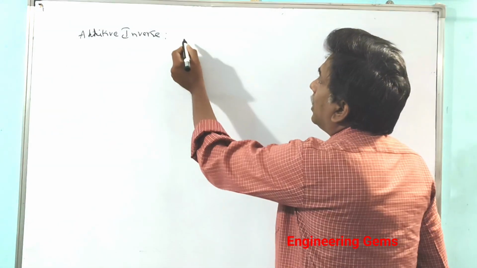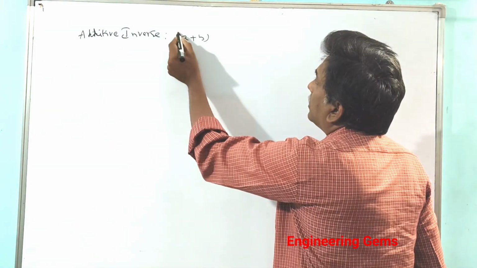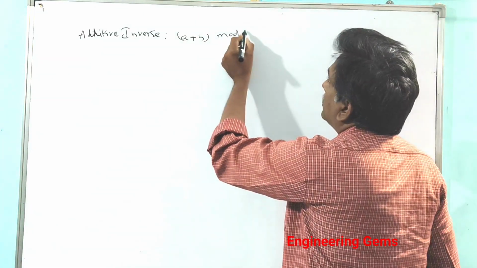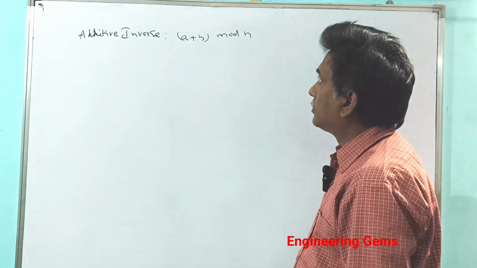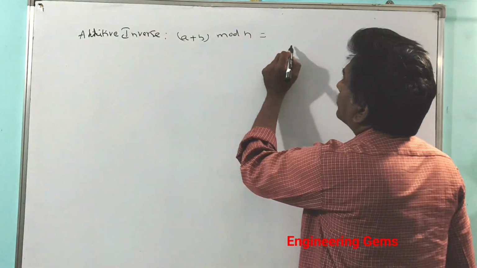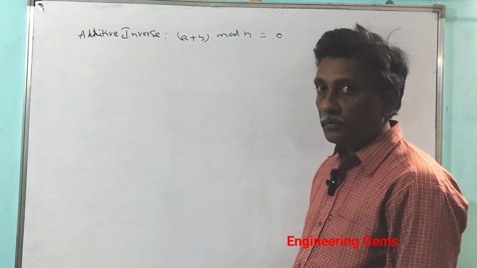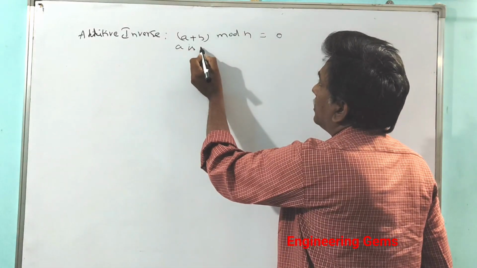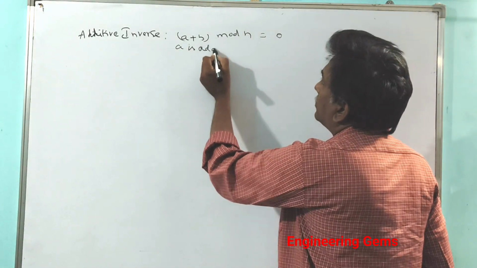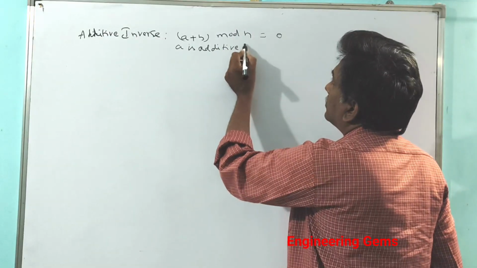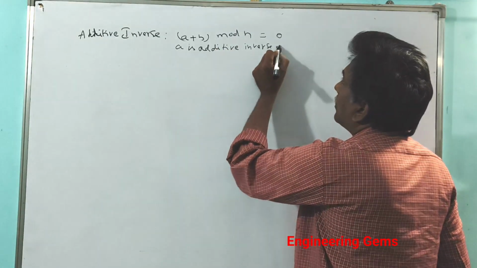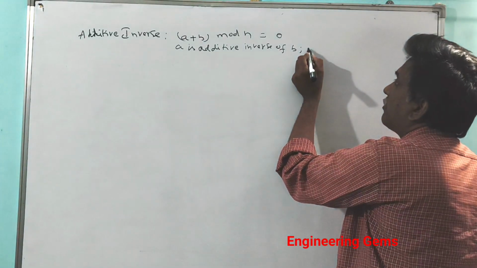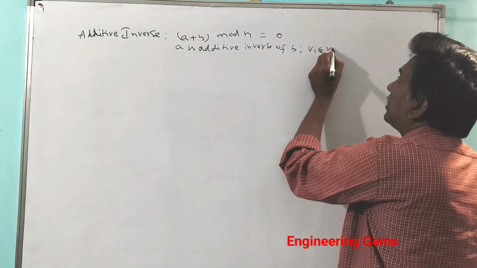If you write a plus b mod n equals 0, then a is the additive inverse of b, and b is the additive inverse of a, vice versa.